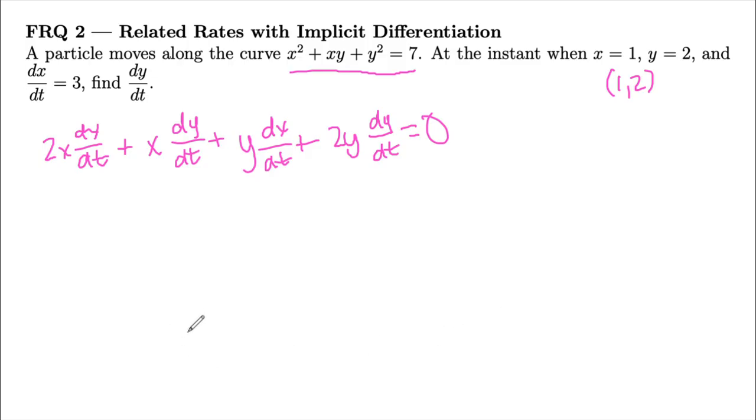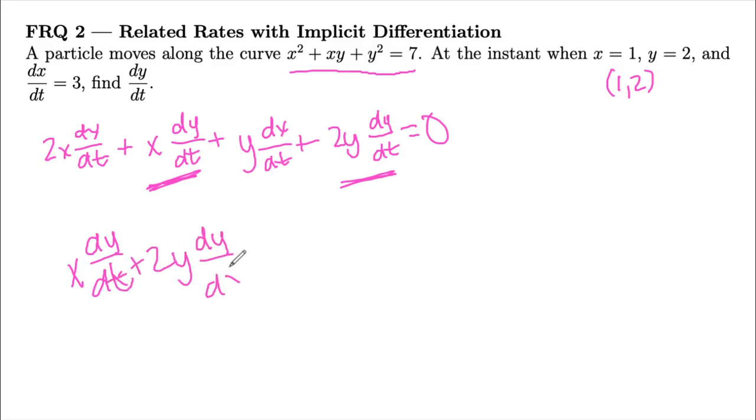Now we are going to group together our dy/dt terms. We're going to group these over on the left-hand side, and move everything else to the right-hand side by subtracting it over. So on the left-hand side, we get x dy/dt plus 2y dy/dt.